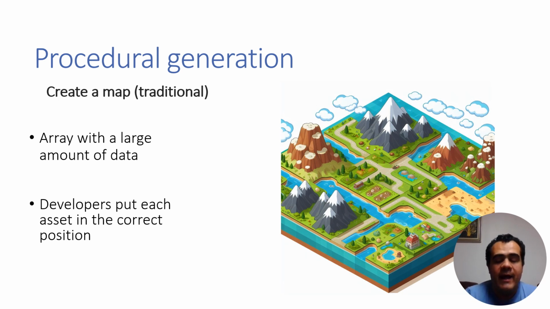This creates a lot of data. Not only the assets, we also have their position and rotation, for example, and every action that the characters need to perform is saved in memory.